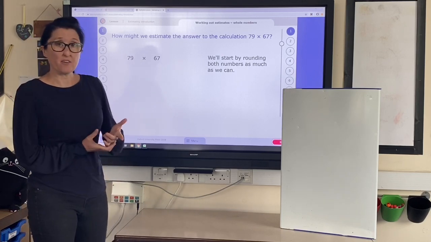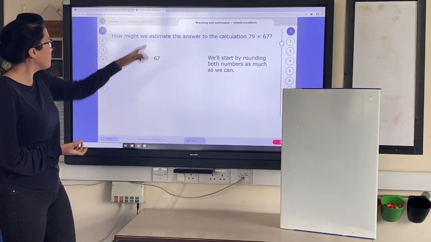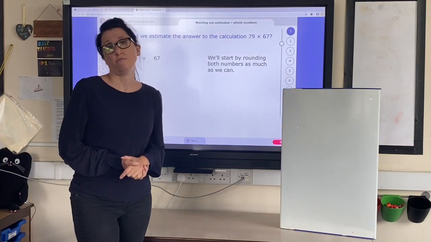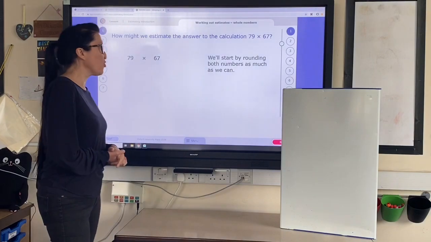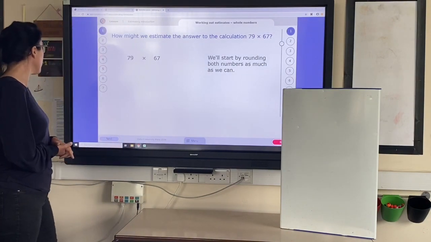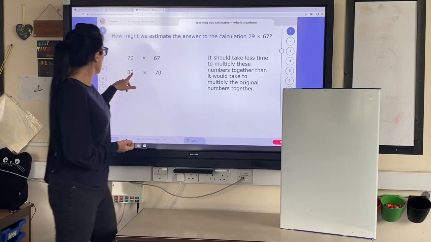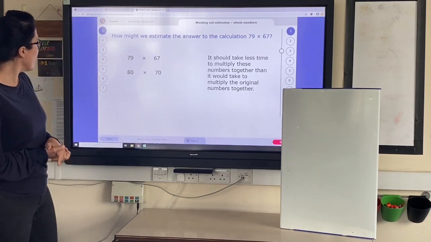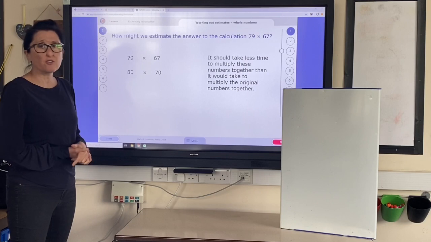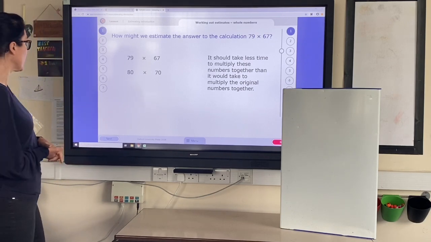Yeah, 80, you're right. And what would we round 67 to? Have a think. You're right, we'd round it up to 70, okay? So we end up with 80 multiplied by 70. Right, so we've rounded these numbers, and this should make it easier for us to get an estimate.